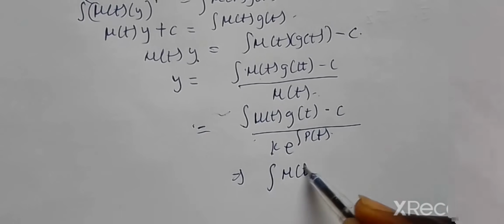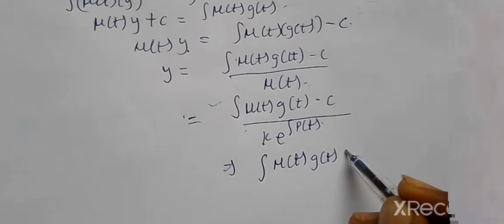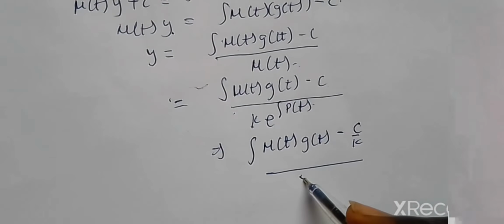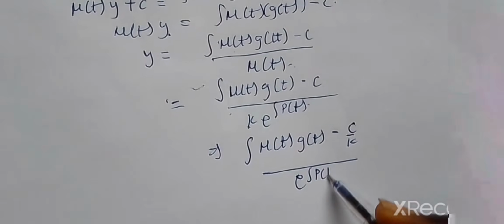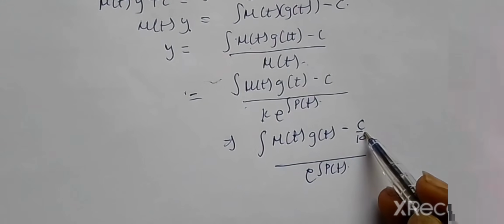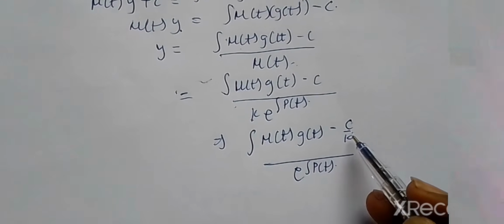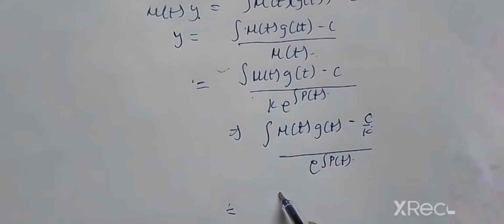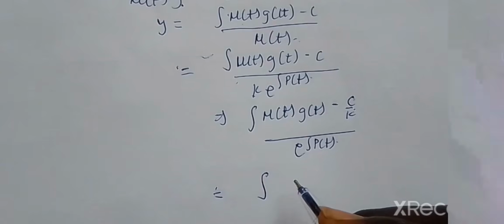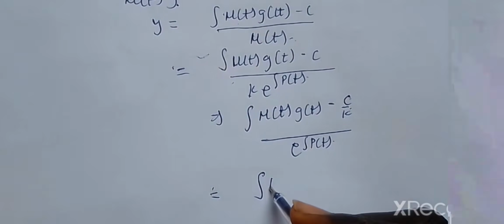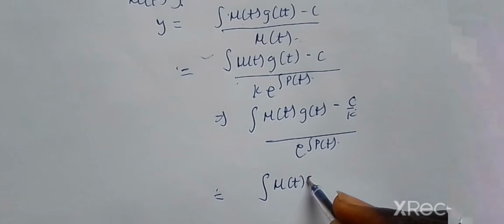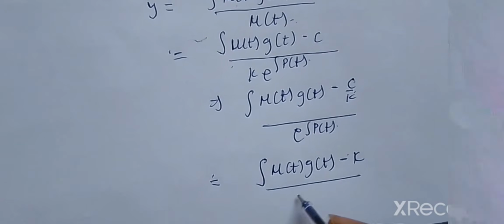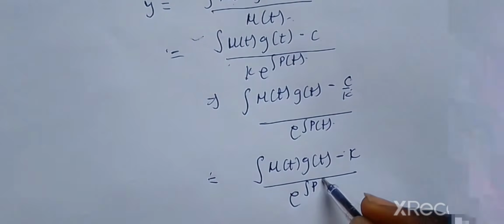So we have minus c on k, all over e to the power integral of p of t. This c over k, they are all constants, so you can represent them with just a single constant, and our final solution becomes the integral of mu of t g of t minus k, all over e to the power integral of p of t.